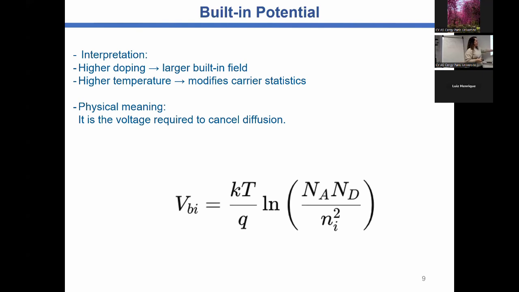And as you can see here, we can also predict, if we know the temperature and the number of dopings, this N acceptor and donor, it means N P-type, and the minority is the N minus, and if we have this information, we could predict the voltage.